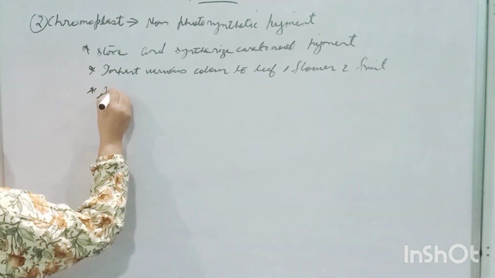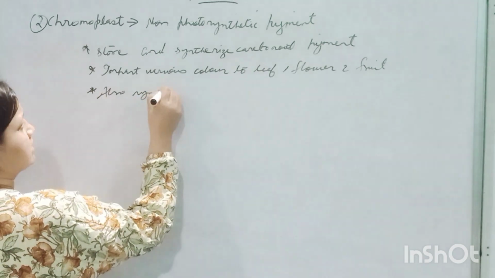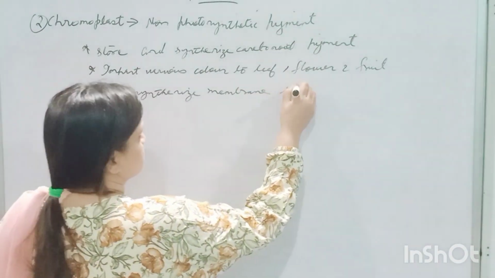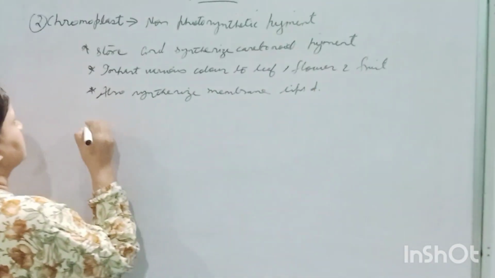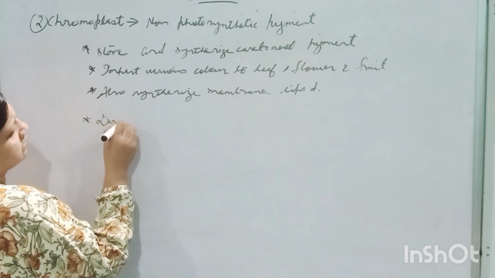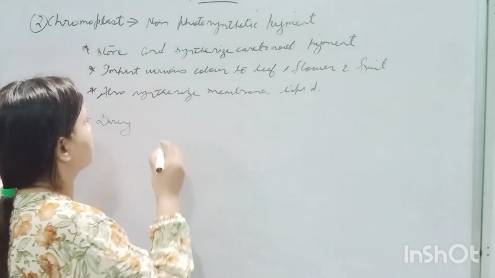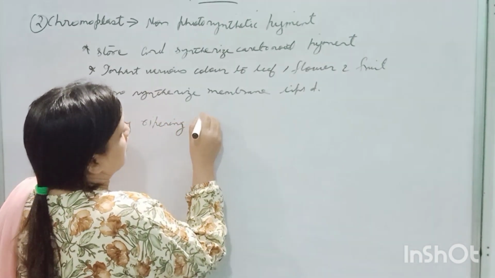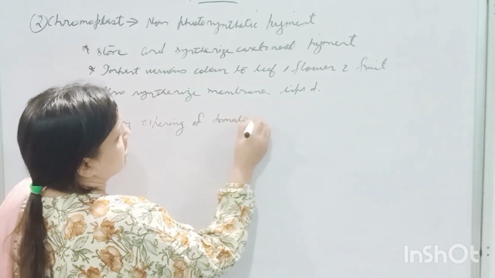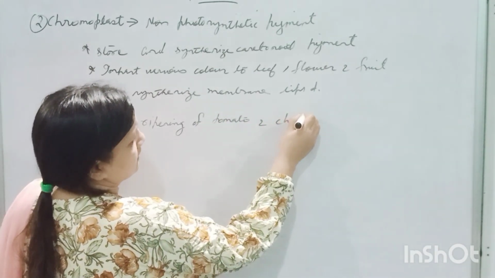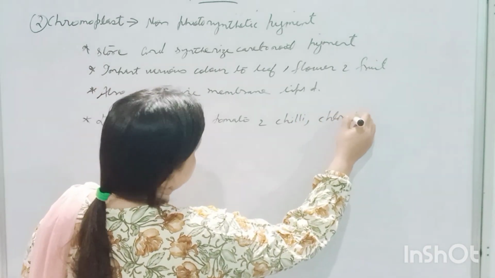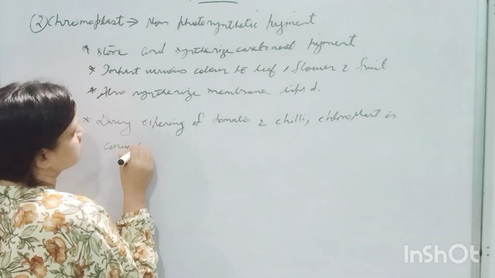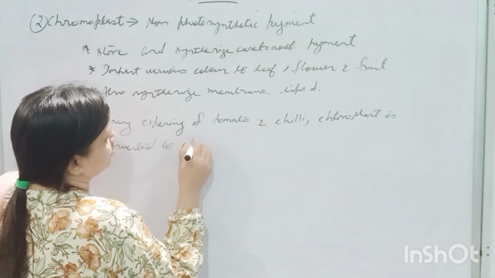It also synthesizes membrane lipid. We see this during the ripening of tomato and chili: first it was chloroplast pigment, which is converted to chromoplast.